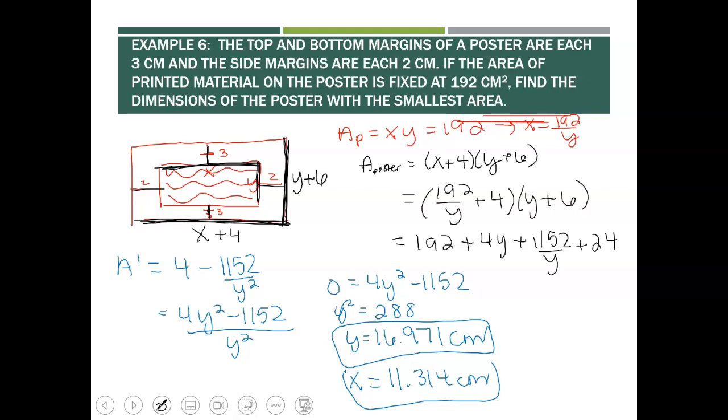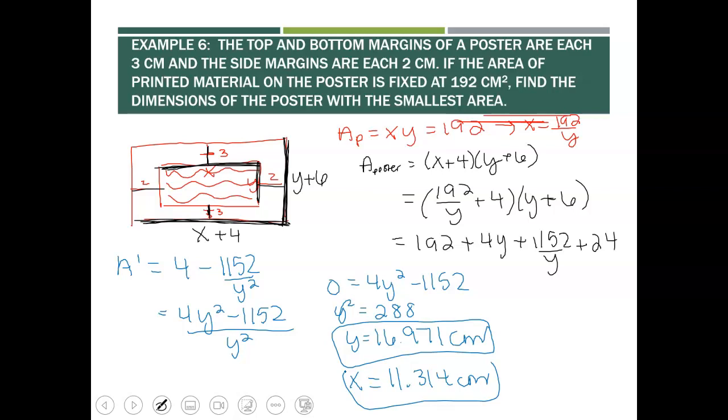Now, paying attention to what the question asked, it said, find the dimensions of the poster. So I did not find the dimensions of the poster, I found the dimensions of the printed region. To get the dimensions of the poster, I need to add 6 and add 4 to both of those numbers.